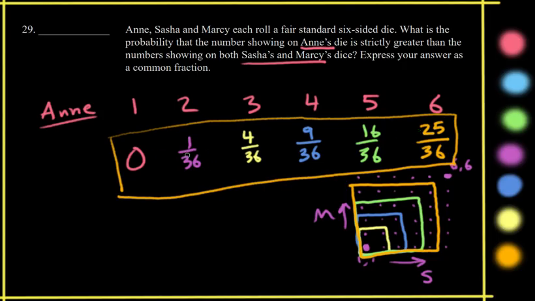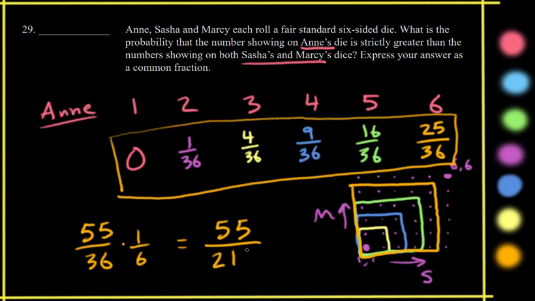So we add these all up and divide by 6. If we add them all up, we get 55 over 36, but we still have to divide by 6, so we multiply this by 1/6, and that's going to be 55 over 216. And so that's our answer here.